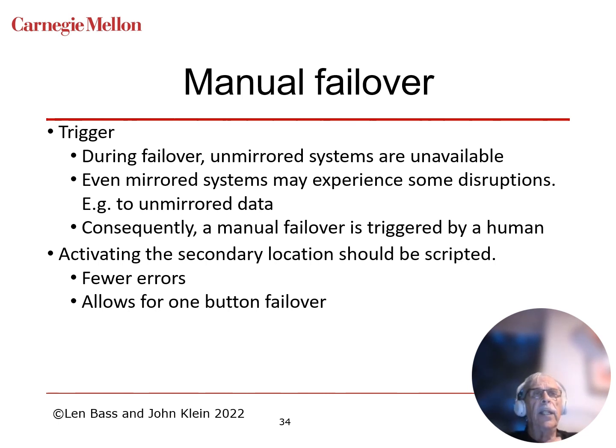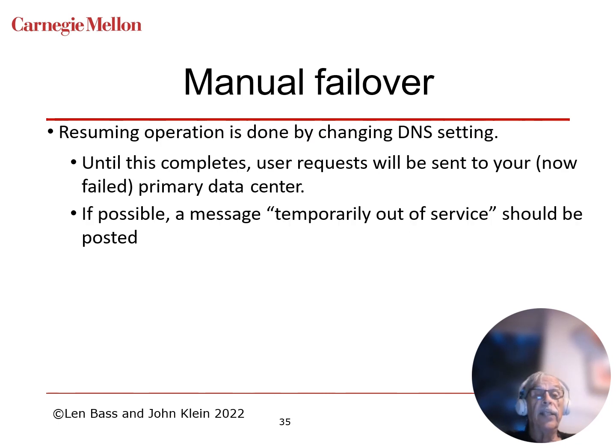So you can either fail over based on a set of rules, or you can fail over based on someone making a decision, a manual failover. The problem with having a set of rules is that you may have false positives and you may fail over even though it's really a network problem, not a data center problem, and so on.